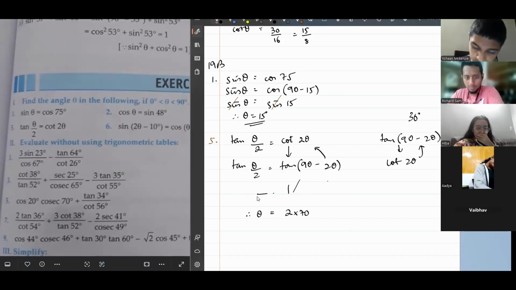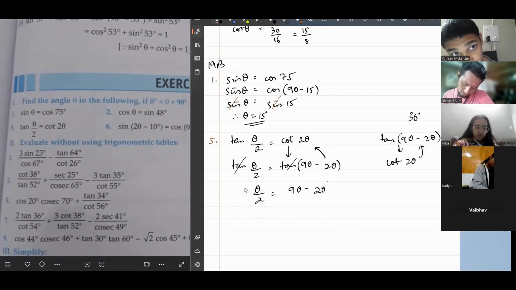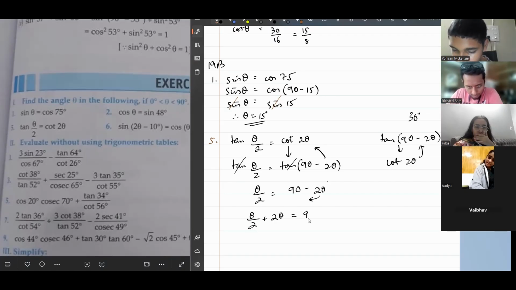Okay, and now, since both are already tan, we cut off both the tans. So we have theta upon 2 is equal to 90 minus 2 theta. Then we take all the thetas to one side. So we'll take the 2 theta to the left. So we have theta upon 2 plus 2 theta is equal to 90.